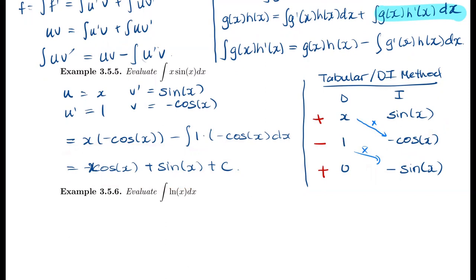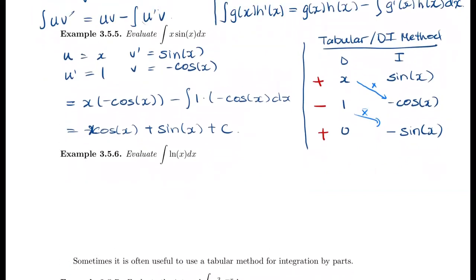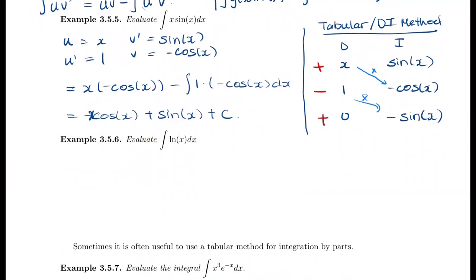Okay, let's have a look at the next part. The last example here, we have the integral of ln of x. It's not that clear here, but here's one thing that would make it a lot easier.